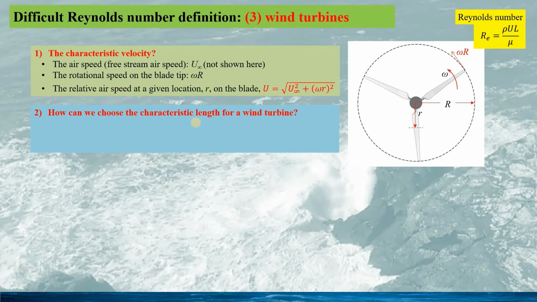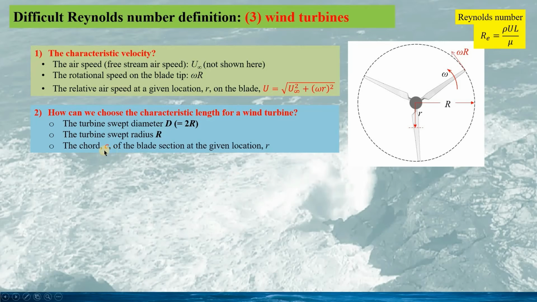We may also have the problem with the characteristic length for a wind turbine: whether we can use the turbine swept diameter equaling to r, or the turbine swept radius r, or the chord of the blade section at the given rotation.